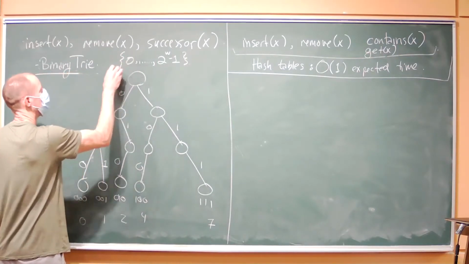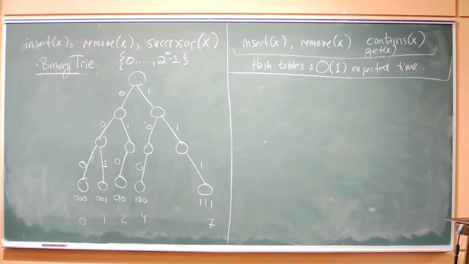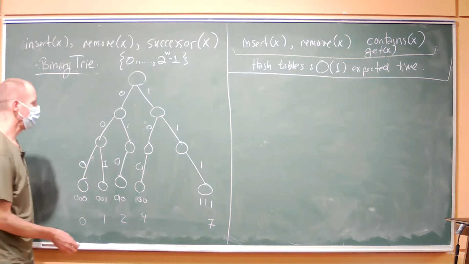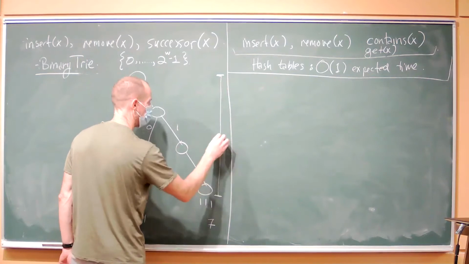So N is 2 to the w, so they're w-bit integers. That means the height of this thing is going to be w.